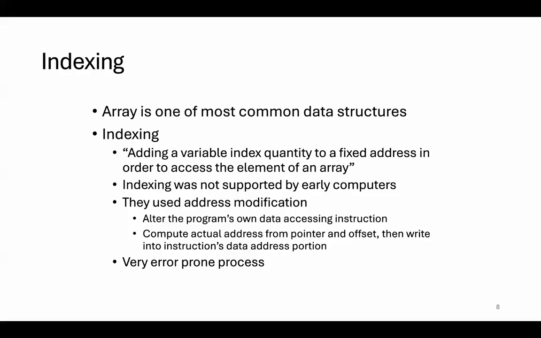So you alter the program's own data accessing instructions, and then compute the actual address from a pointer, and you add an offset, and then you write it down into the instruction's data address portion. So you see that you are actually modifying the instructions in order to help the instructions work on the next data point that you have in your array. And again, this is a very error-prone process. So it has to be done in another way so that you would reduce the errors, especially, again, it's a very common data structure. A lot of programmers need to use it.